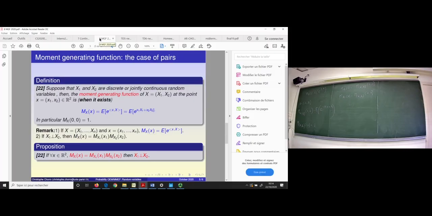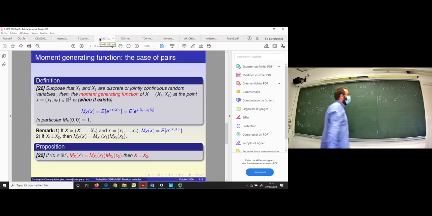Just a remark concerning the notation, because suppose that I don't have 2, but that I have n. If I have n, I can do exactly the same thing. So I can define the moment generating function of n variables, which I will now denote M of x1, x2, ..., xn.